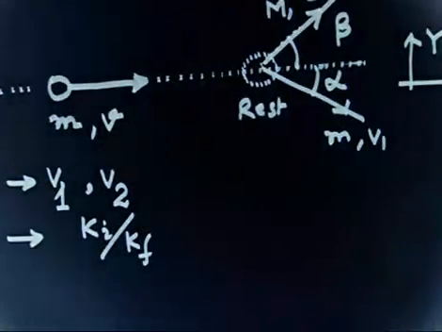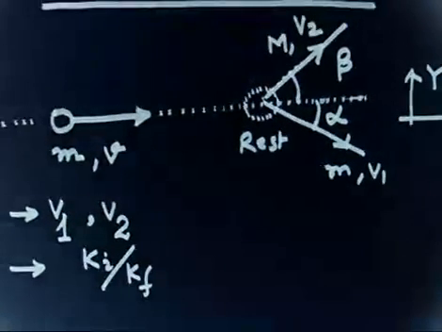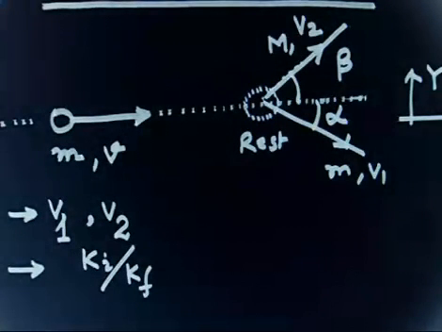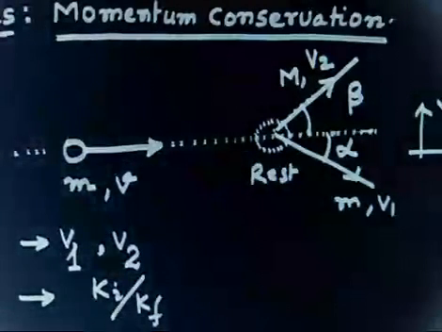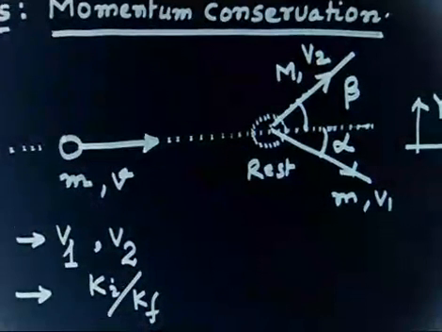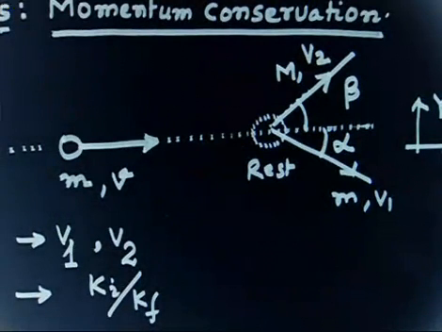So how will you proceed for this problem? This system is kept on a horizontal, smooth table. So I can apply momentum conservation. In the horizontal direction there is no force. If I consider this and this as a system, there are internal forces acting, but no horizontal external force. So I can say the momentum of this system remains conserved.